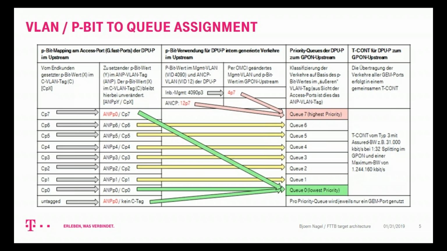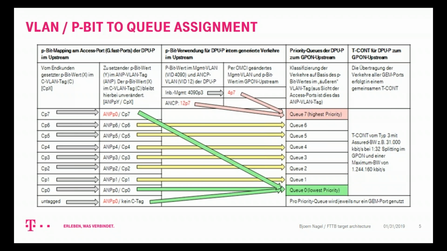So the queues I already mentioned. There are 8 queues here in that picture. We have a mapping algorithm of pbits to 4 queues as well. So in that case, you can use also 4 queues, and then these queues have a 1-to-1 relation to gem ports, and these 4 or 8 gem ports are mapped in a single T-CONT.